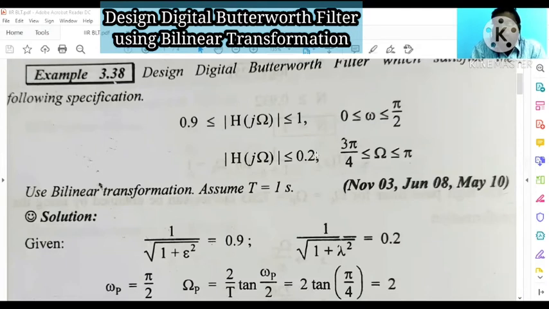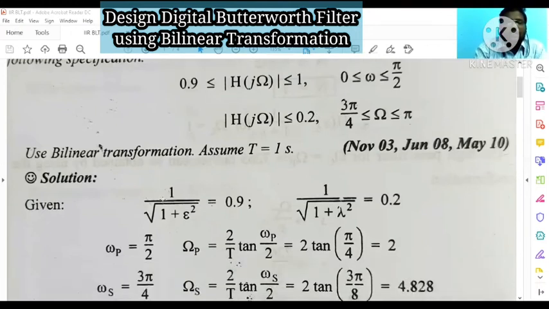It is obtained from the analog filter only. Any digital filter can be designed from the analog filter only. First you design the analog filter, and then using some method it is transformed into a digital filter. This is the basic concept for designing the digital Butterworth filter.